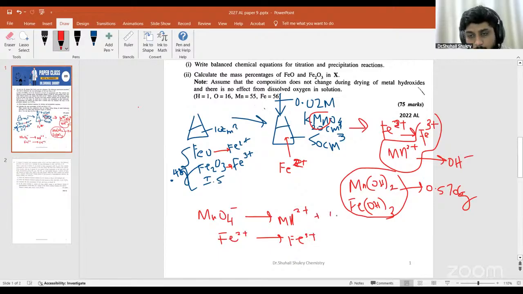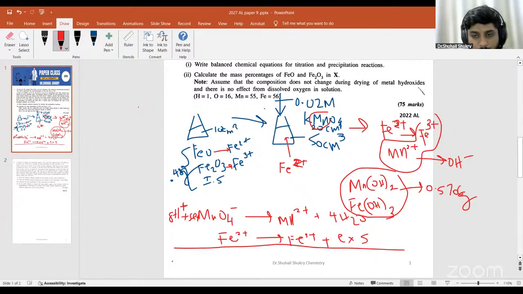To balance, you have to add 4 water here. If you put 4 water, this side you have to put 8H plus and 5 electrons. And here 1 electron. To balance this, you have to multiply this set by 5.